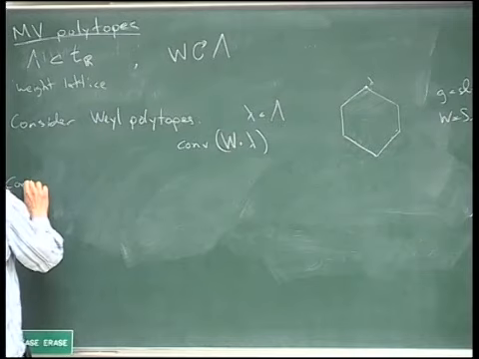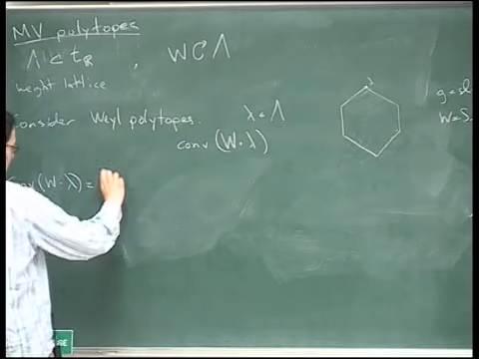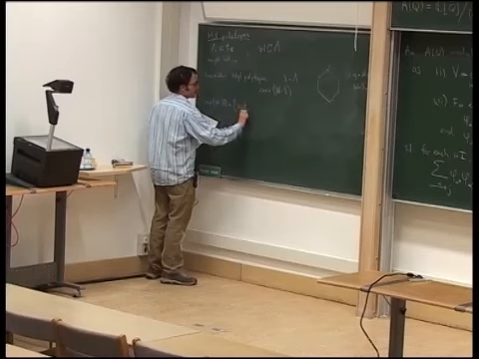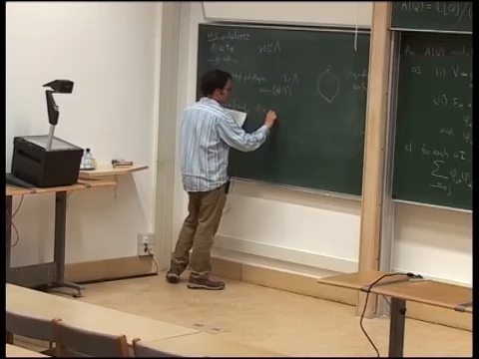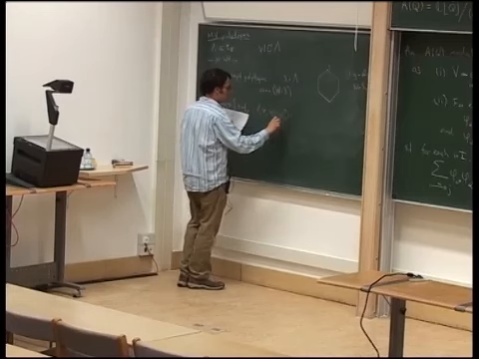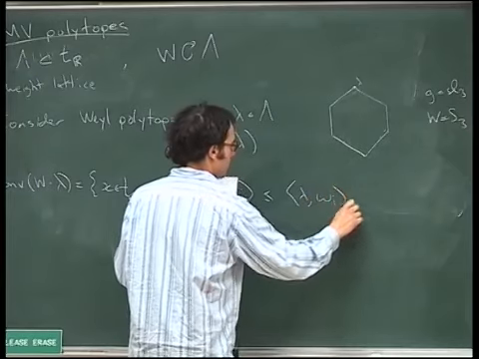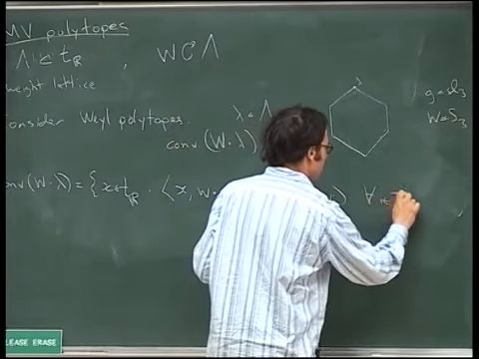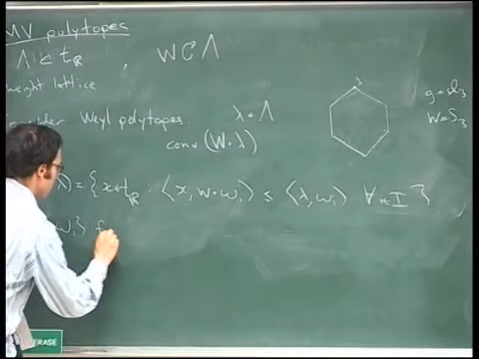So one can rewrite this polytope in terms of these hyperplanes in the following way. It's the set of all x in this real space such that x paired with w omega i is smaller than lambda paired with omega i for all i. Here, these omega i's are the fundamental weights.